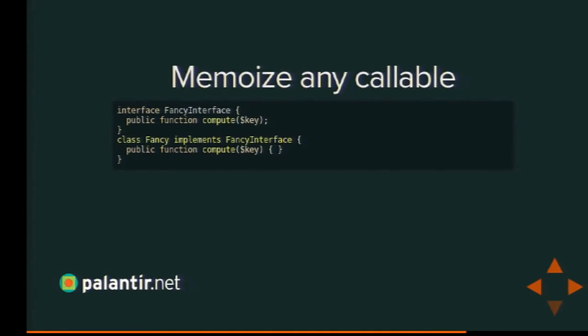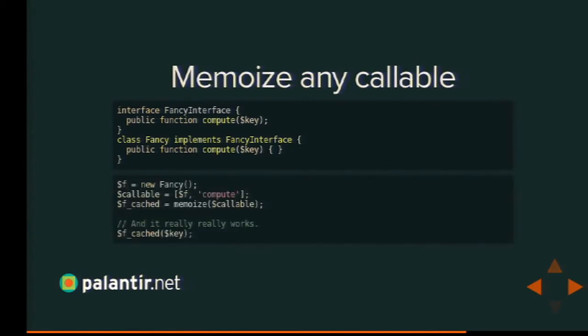Can you just, if you only have the one method, use memoize for it? Yes. Because remember, any object and method can be represented in PHP as this weird array syntax. So here we're going to memoize that callable.